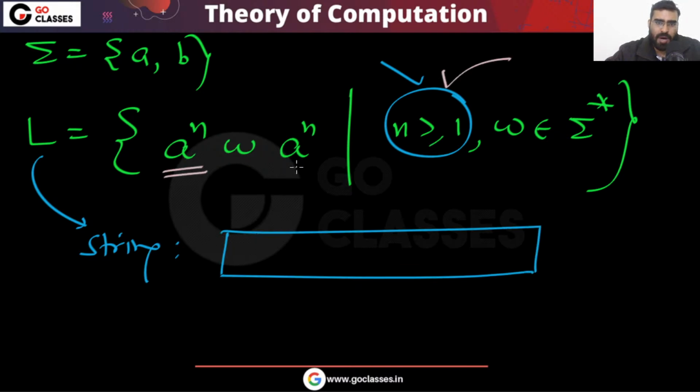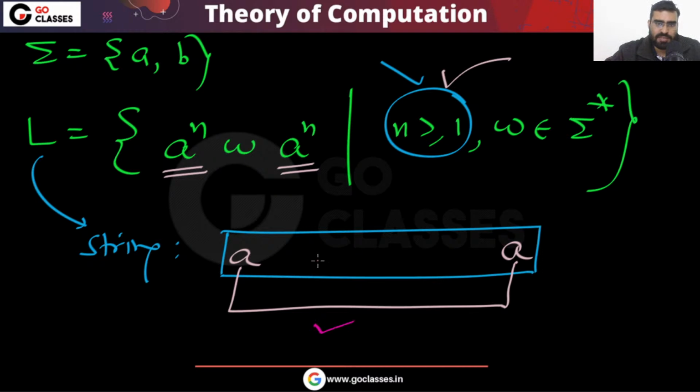So you must have a^1 at least. So it must end with a. There is no denying this. This is correct, very simple. Now the question is saying that you have some a's, and the same number of a's you have at the end, and in between you have some w. This is what the question is saying.